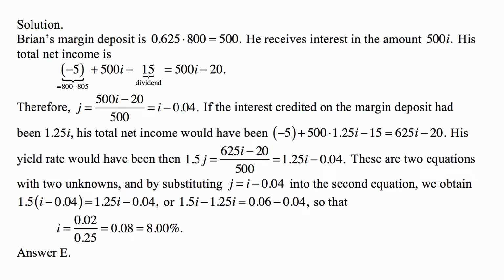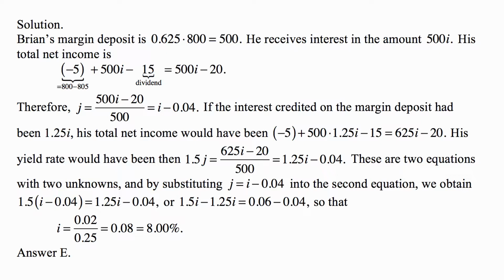If you add it all up, that ends up being 500I minus 20. And J, the return on his trade, is 500I minus 20 over his investment of 500, so this is I minus 0.04.